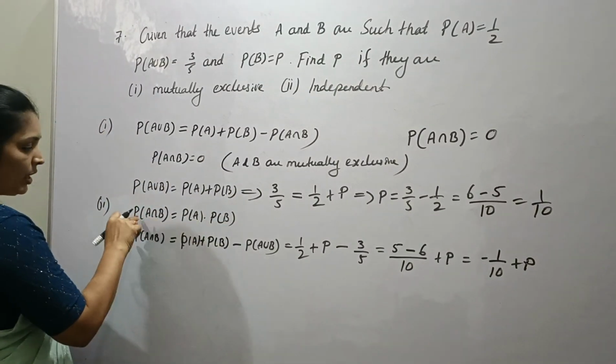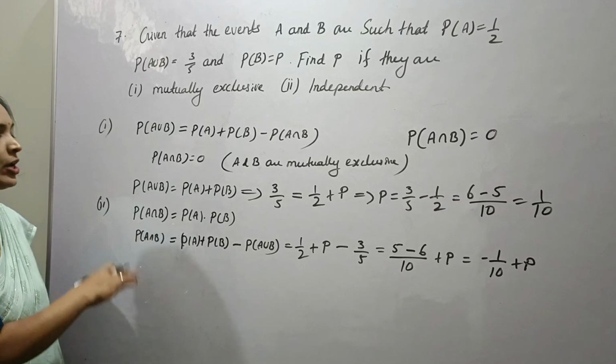Therefore, probability of A intersection B is equal to probability of A into probability of B.